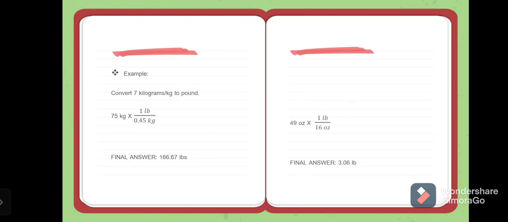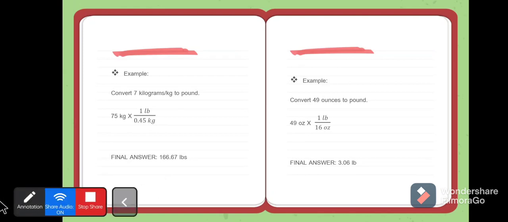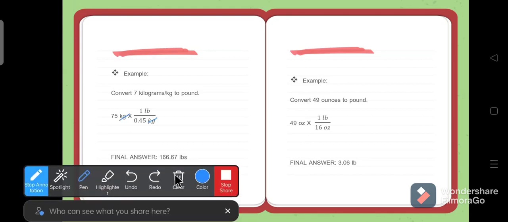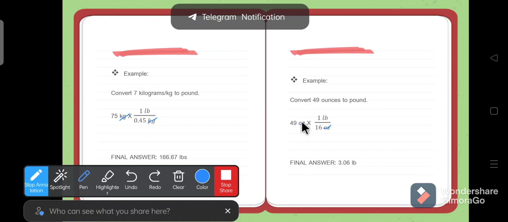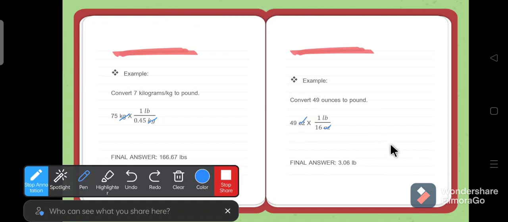Another example is convert 49 ounces to pounds. We can write it as 49 ounces times 1 pound divided by 12 ounces. Cancel out the ounces. And the final answer is 3.06 pounds.